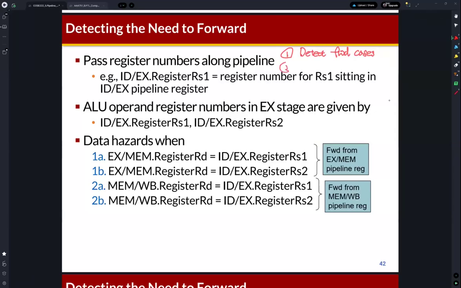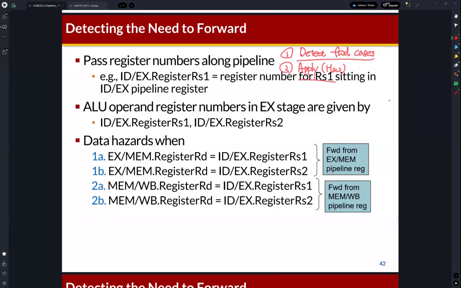And when the data dependencies are detected, then we need to apply the data forwarding inside of the pipelined CPU, right? Do you understand? So if we can detect the data forwarding case, then we can just apply it, and the data can be just delivered, right?